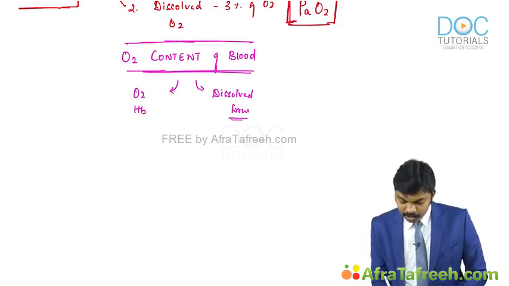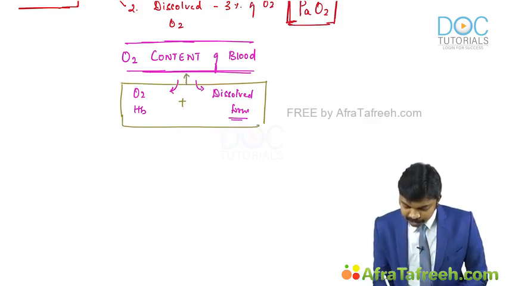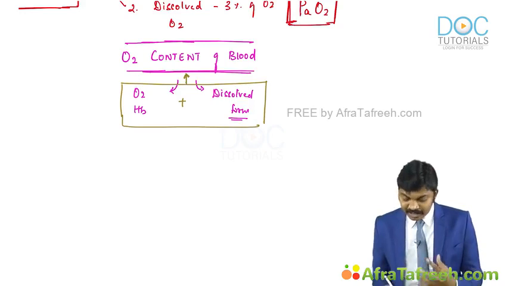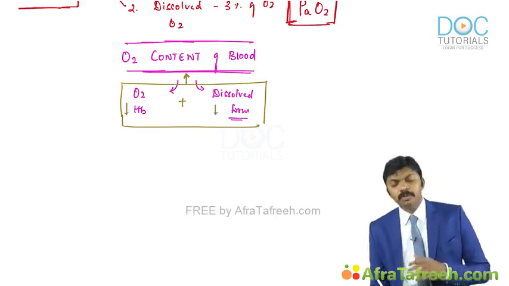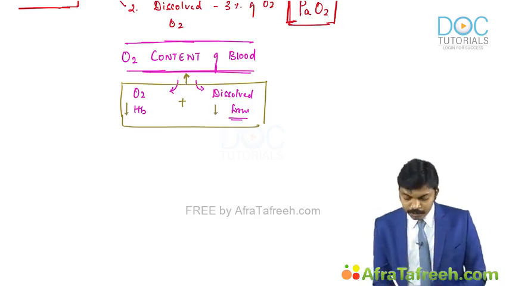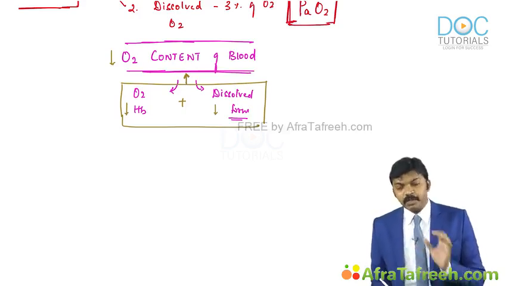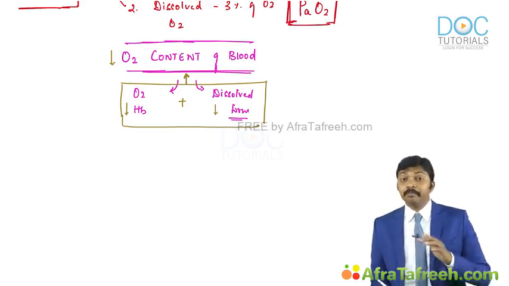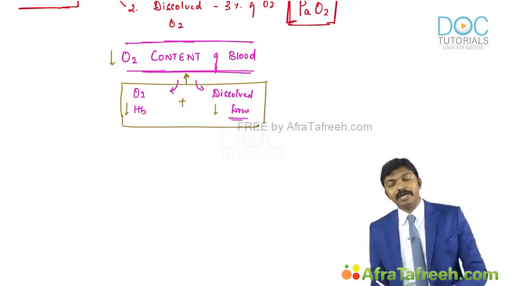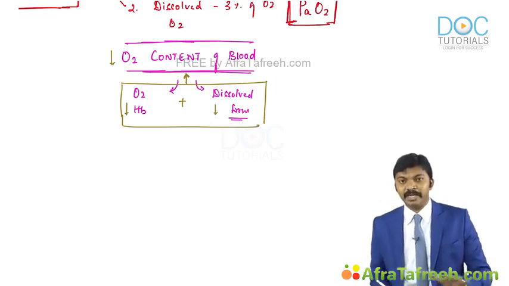You know very well, this is the formula, isn't it? Oxyhemoglobin plus dissolved form is the oxygen content. So an isolated reduction in oxyhemoglobin, or an isolated reduction in dissolved form, or a combined reduction in both will reduce the oxygen content of arterial blood.